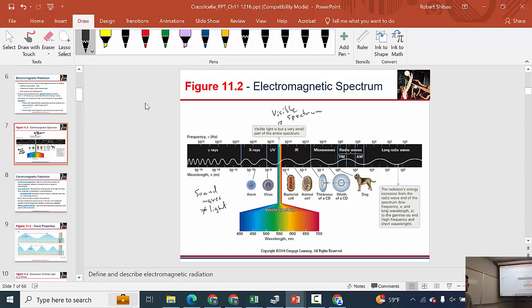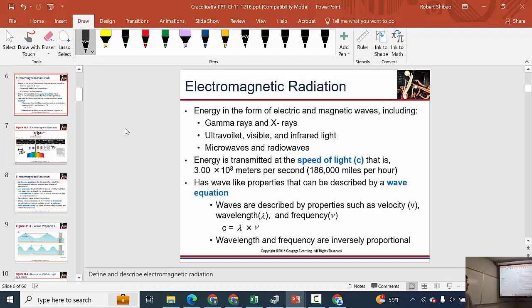And so let's take a look at electromagnetic radiation in more detail. Most of the electromagnetic radiation is invisible. We can't see it, but even though you can't see it, you can have detectors that can observe it.